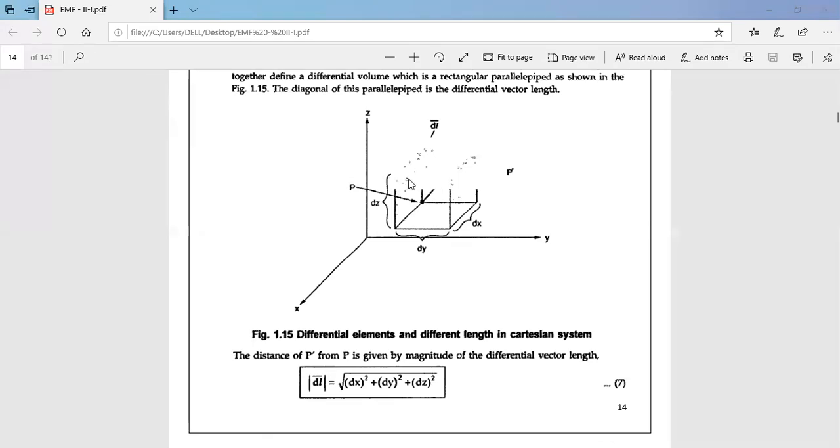Your front would be dy times dz, right? So what would be the normal vector? The unit vector x. It would be ax, right? Everybody get that?